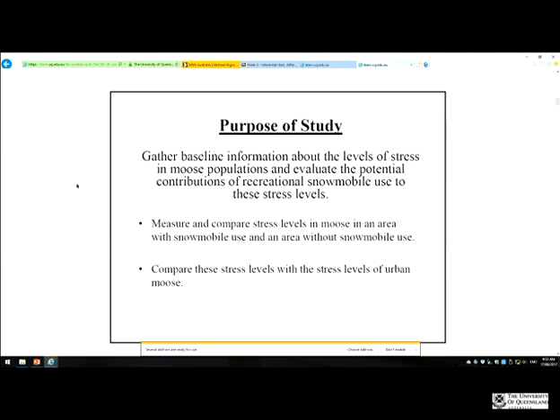So the purpose of the study was to gather baseline information about the levels of stress and evaluate the potential contributions of recreational snowmobile use to those stress levels. So the process that the researcher went through was to measure and compare the stress levels in areas with snowmobile use and without snowmobile use. So these are the different treatments in this study. And then compare the stress levels.